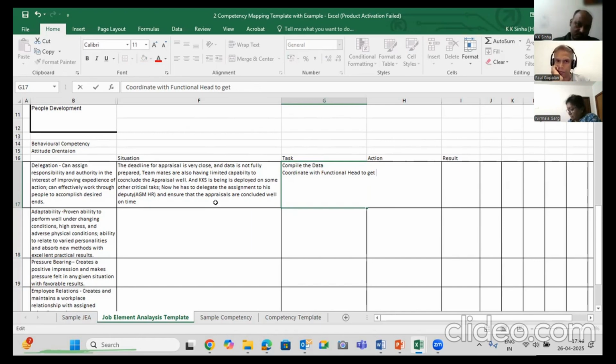Simple statement. That's it. So what about coordinating with the functional head? That's the action. Compile the data within the timeline, right? What is the timeline? 7 days, 10 days. Put the deadline. You can just put within 5 days or something like that. This is the task.